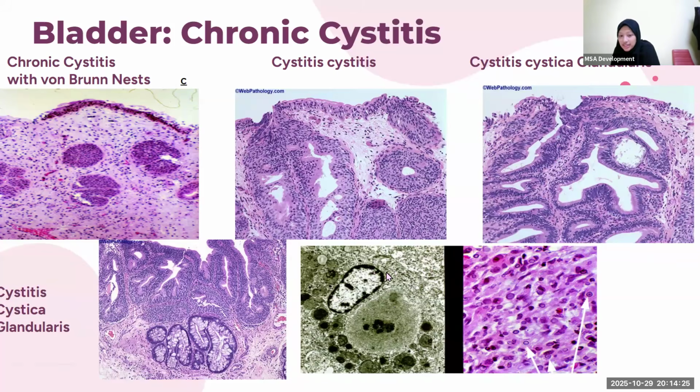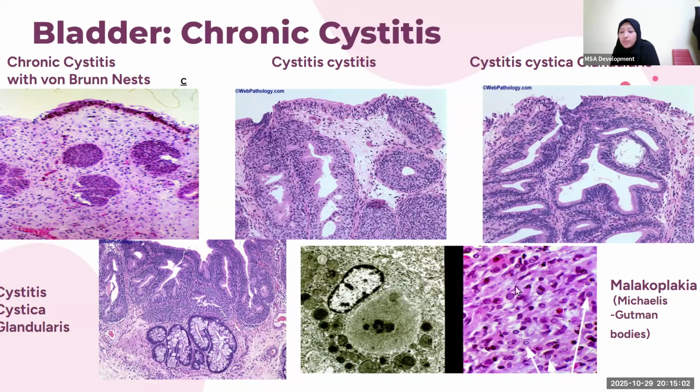The last thing that you will see if you zoom into the cells is something called malakoplakia. Okay, this one. It's also called Michaelis-Gutmann bodies. They are sheets of macrophages filled with round accumulations from the infection that stain positive with the PAS stain.